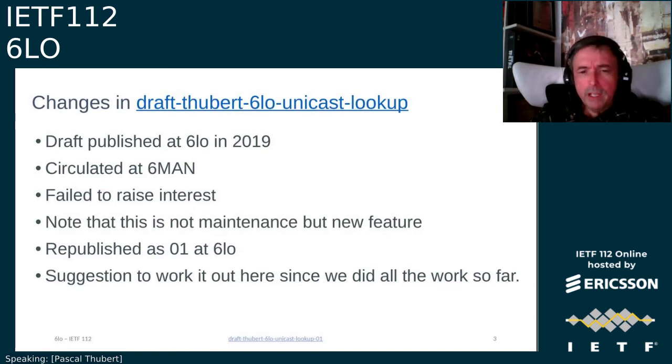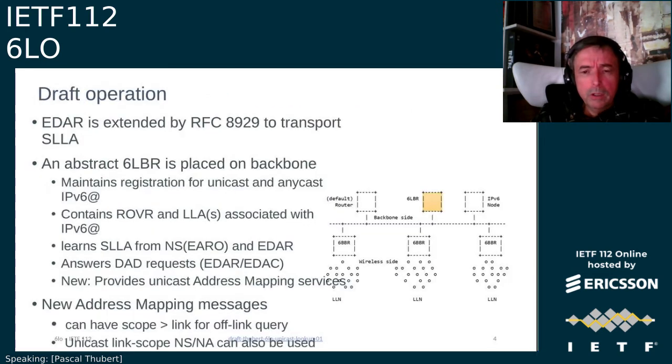I think I have the next slide, Shweta. Yeah, so it's basically what I said, just a summary of the operation. So now you can think that the 6LBR is virtually centralized on the backbone, and all the information available to it, which is all the address mappings that were registered, can also be queried by anybody on the backbone, or even further than that. And for that, we leverage the SLLA option, not only in the NS/NA, but also in the EDAR/EDAC exchange.